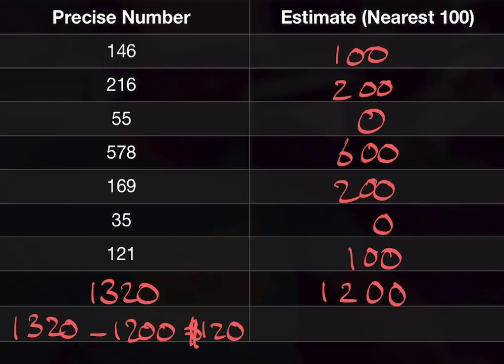Now, you might be saying $120, that's far away. Your estimate of 1,200 is $120 away from 1,320. Does that mean my estimation is useful? Well, absolutely. It's still relatively close to my precise number. And in truth, when I took a look at these numbers, I rounded down here from 146 to 100.